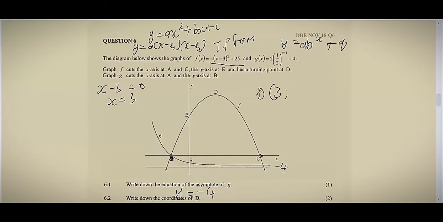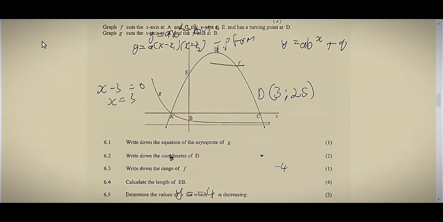The y-coordinate will be the constant here, because this number always stands for the y-coordinate of the turning point. So we have our coordinates as (3; 25). Those are the coordinates for D. Note that there was no calculation involved; I simply looked at what I was given there. So let's proceed.